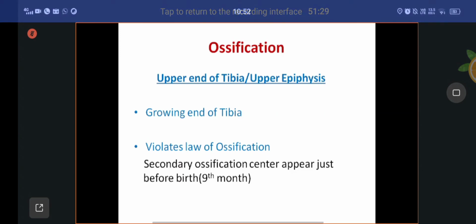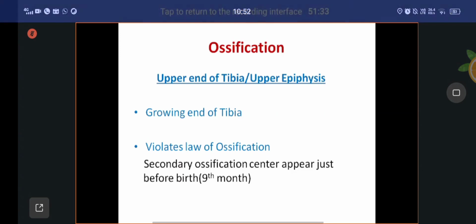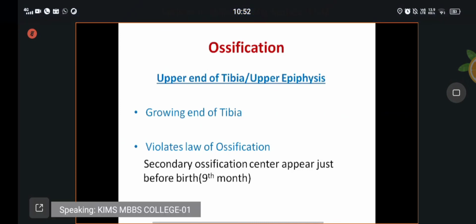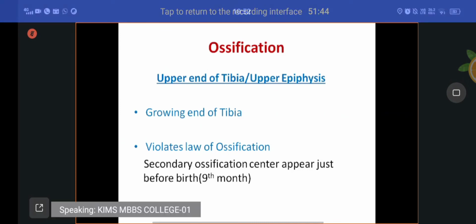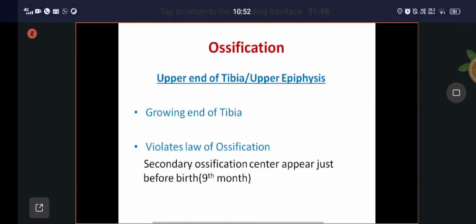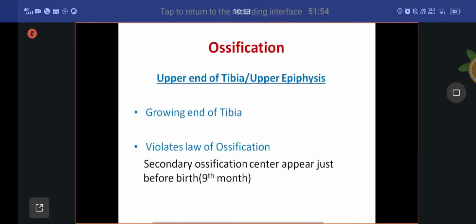The secondary ossification center, instead of appearing after birth, appears just before birth, at the 9th month. Three bones: 100% is the lower end of femur, next the upper end of tibia, and then the upper end of fibula.